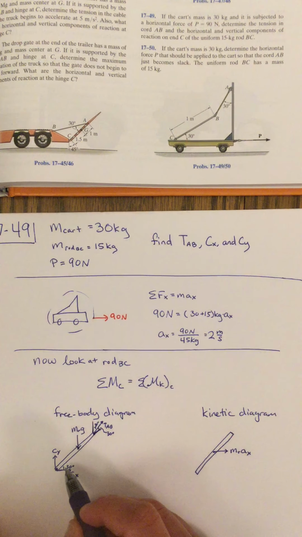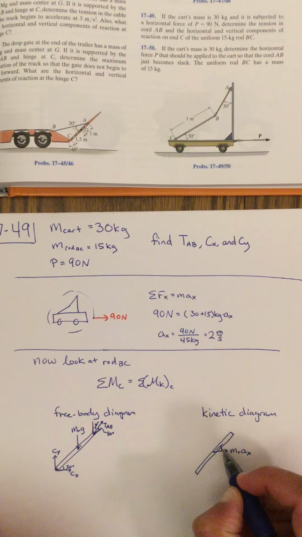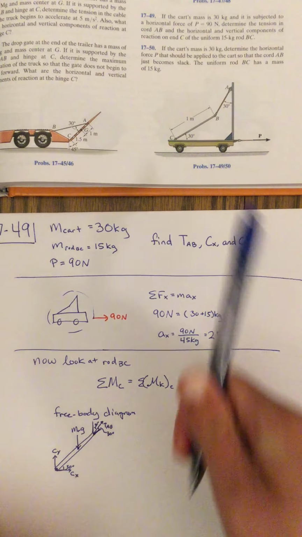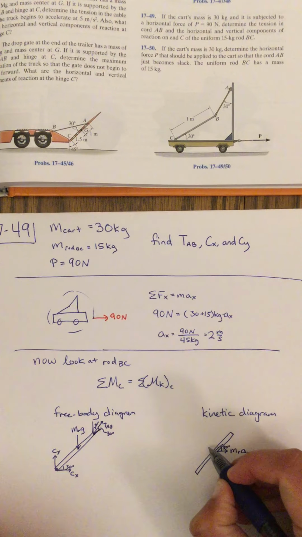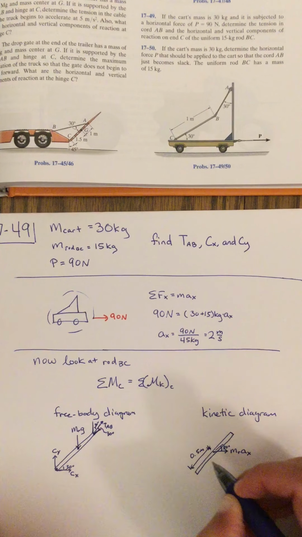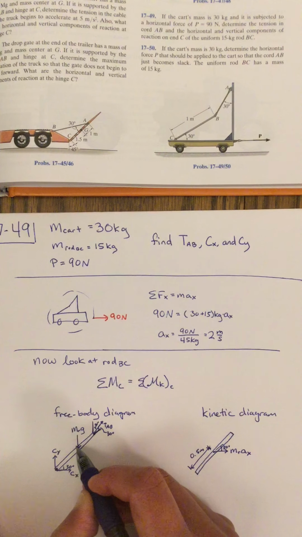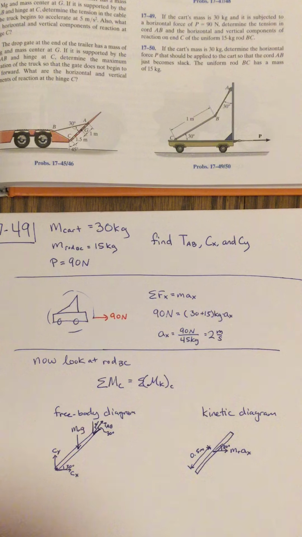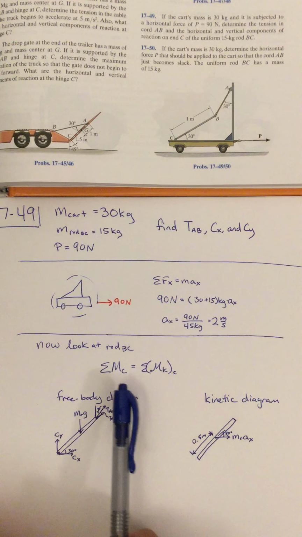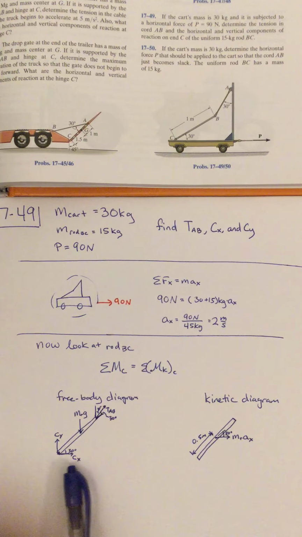And because this angle is 30 degrees, this angle here is also 30 degrees, and the length of the rod is 1 meter. So from here to here would be 0.5 meters, from here to here would be 0.5 meters, and from here to here would be 0.5 meters, but my drawing is a little too cluttered already, so I'm not going to add that in. Okay, so then I do the sum of the moments about point C.